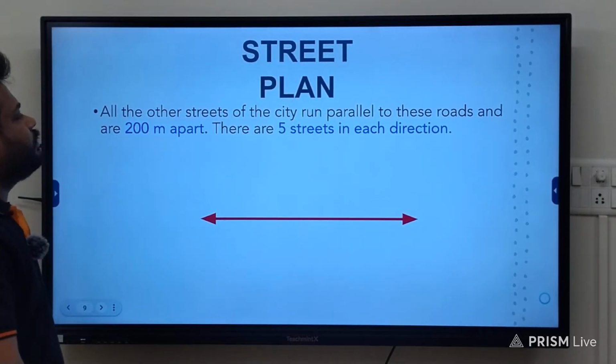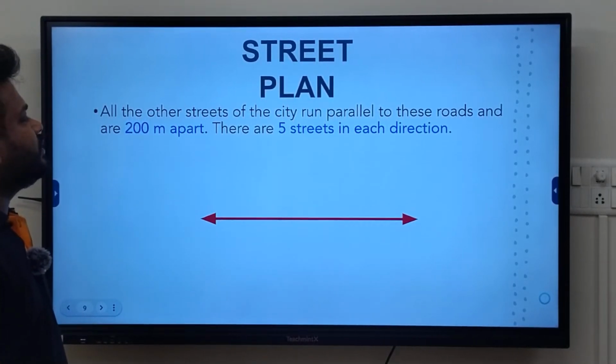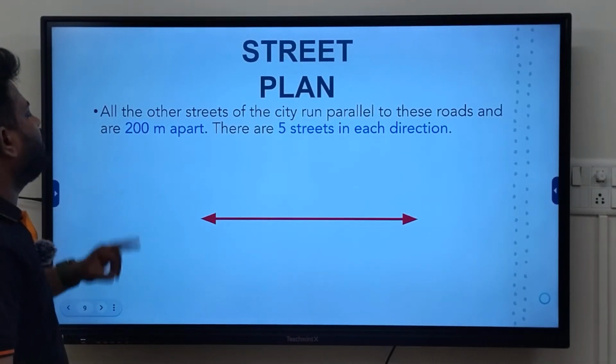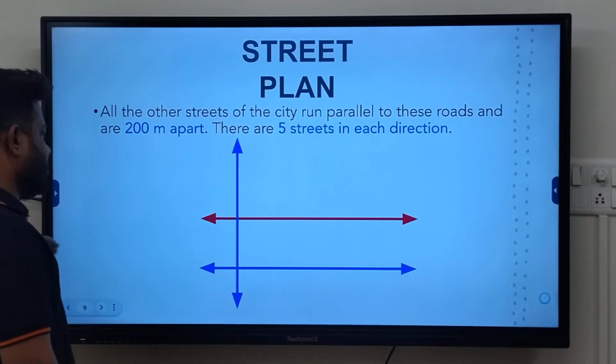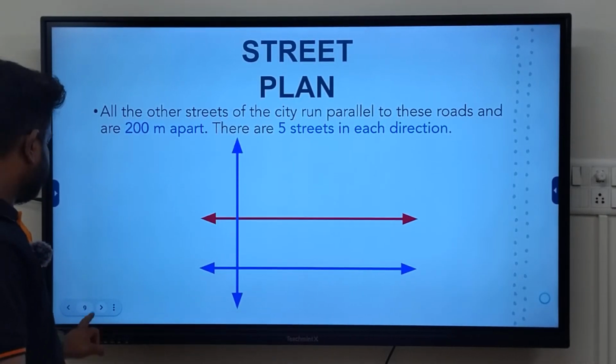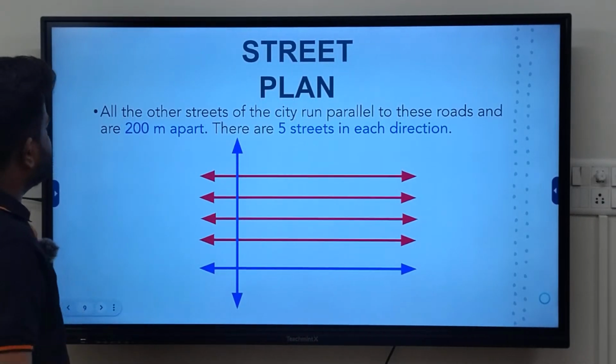Okay, the next one. All the other streets of the city run parallel to these roads and are 200 meters apart. There are 5 streets in each direction. So it will be like this.